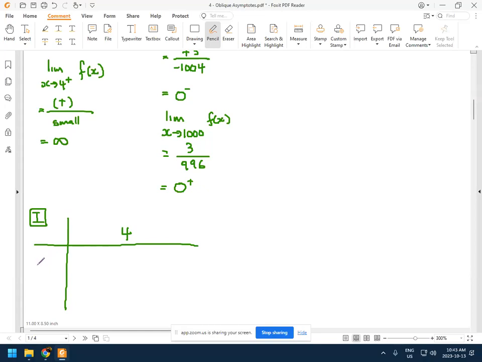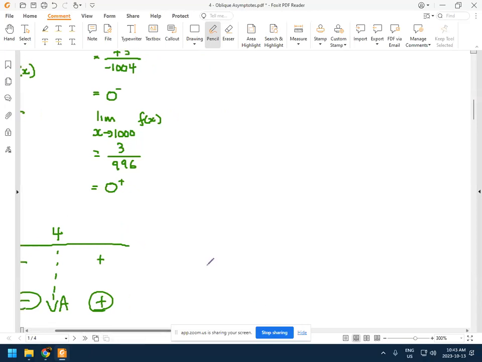The 3 doesn't change the value, so it's just x minus 4. So what is my graph? That's my vertical asymptote. The graph should be negative until the vertical asymptote and then positive after the vertical asymptote.